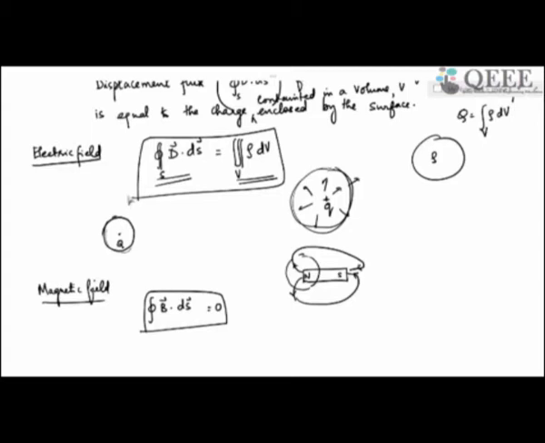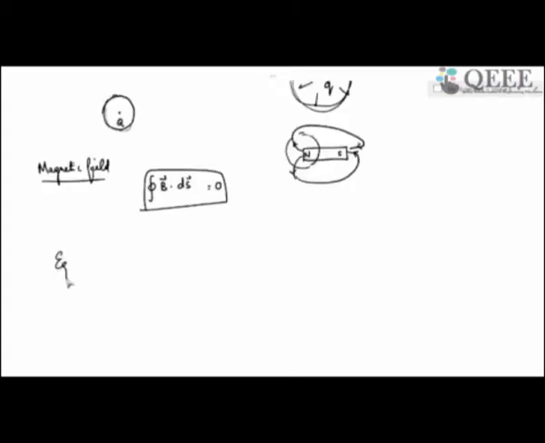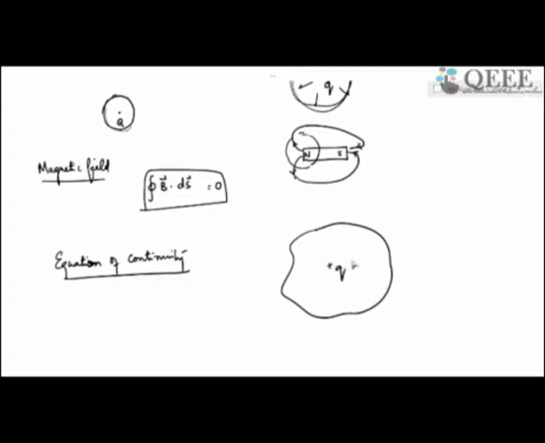Associated with this is also the equation of continuity, which simply states that in a region where I have moving charges, q of t or rho of t, integral of rho of t will give me q of t, and because I have moving charges, I will have current flowing out or flowing in depending on the charges that I have.